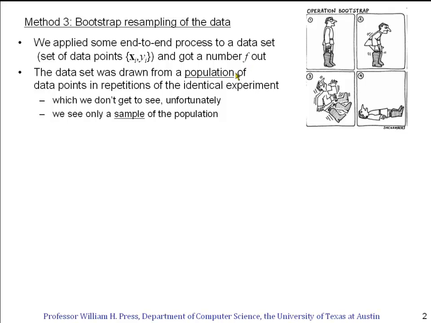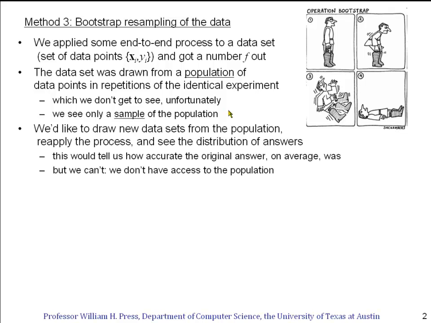Unfortunately, we don't get to see the whole population of data sets. We only get to see the one measured one that we have here. That's a sample of the population. What we'd like to do is draw new data sets from the population, reapply the whole end-to-end fitting process and calculation of the function f, and see the distribution of answers.